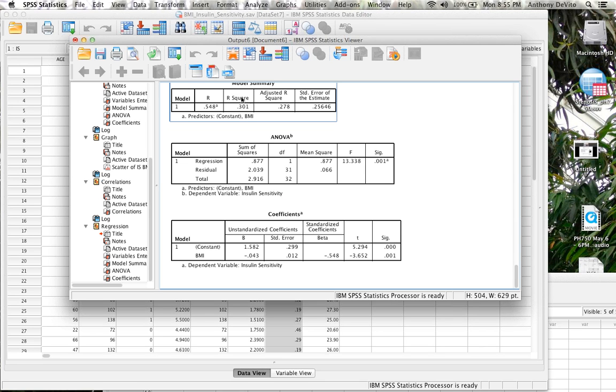So there are other factors that are having a big impact on insulin sensitivity. They might be the amount of exercise, they might be age, for instance. Age is going to be an important factor, and amount of exercise, diet, and so forth. All of these things are going to have an impact besides just BMI. Okay, but BMI has a decent correlation. So I'm going to take a quick look at this.